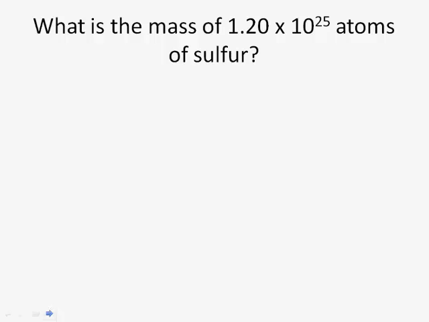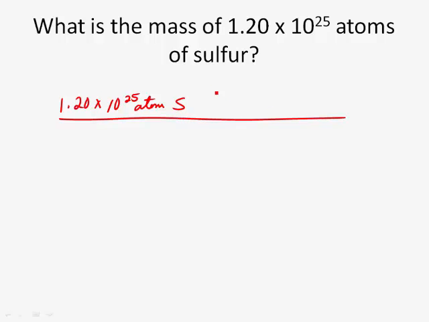What is the mass of 1.2 times 10 to the 25th? These are atoms of sulfur. We want a mass in grams. Again, 2 steps. So we're going to go atoms to moles, and then moles to grams. 1 mole, 6.02 times 10 to the 23rd atoms.